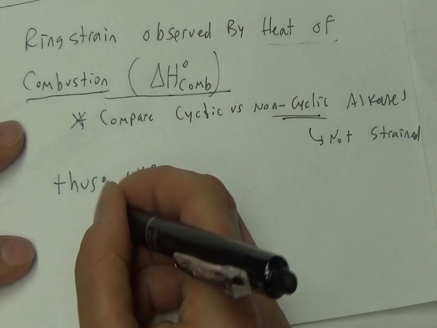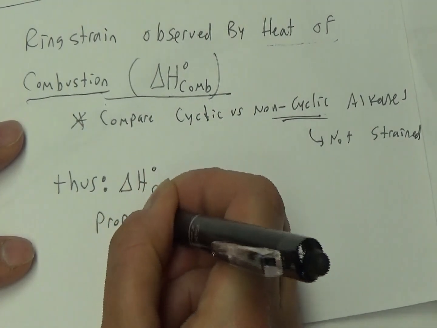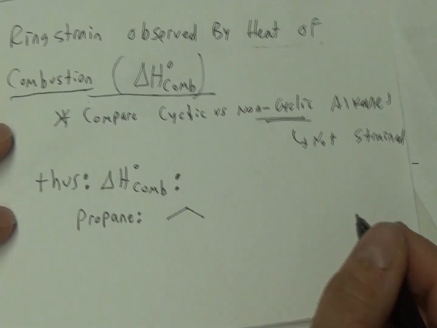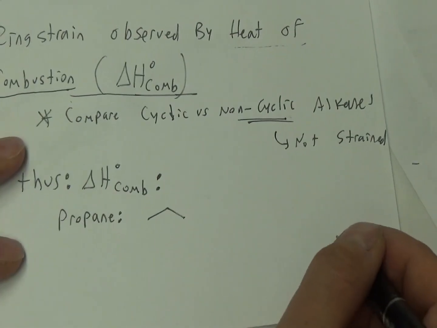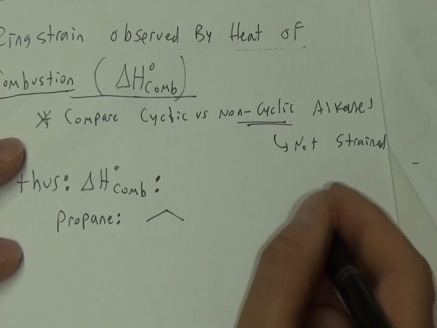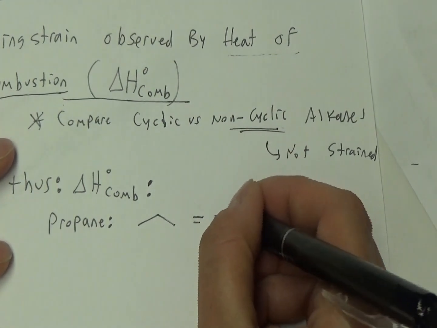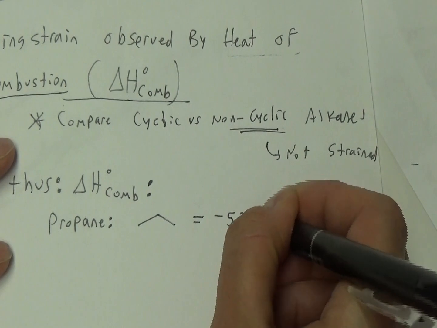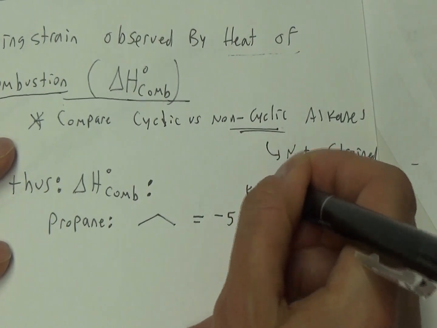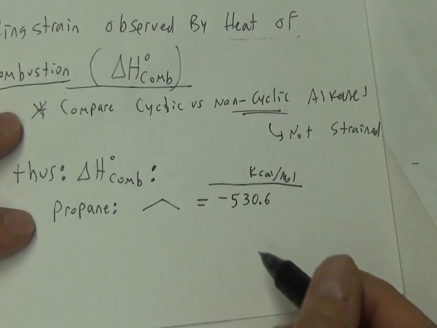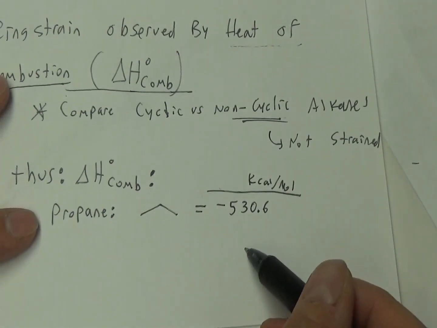So let's think about propane. If we burn it, we get negative 530.6 kilocalories per mole.